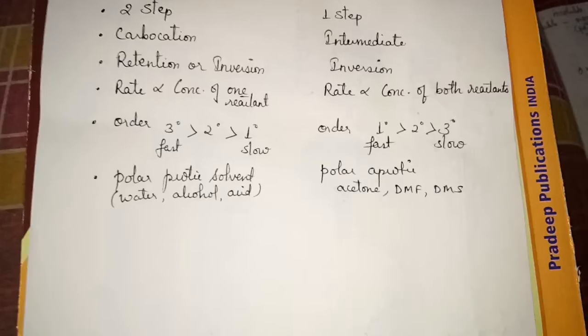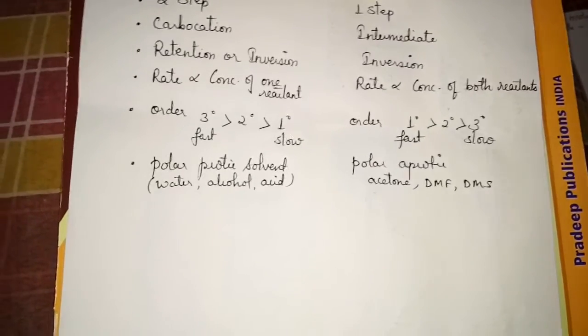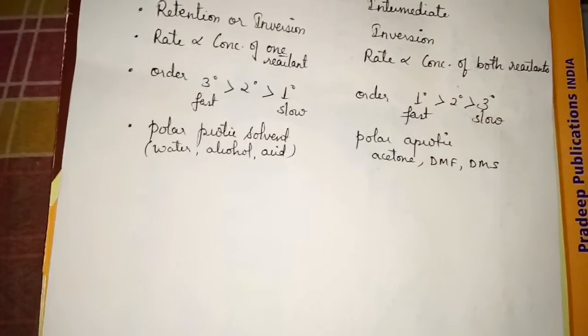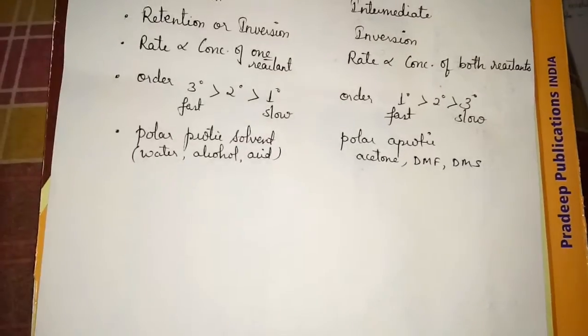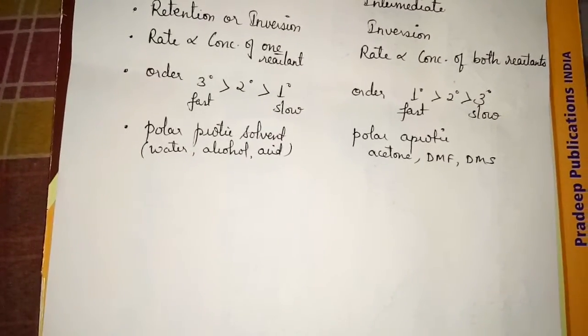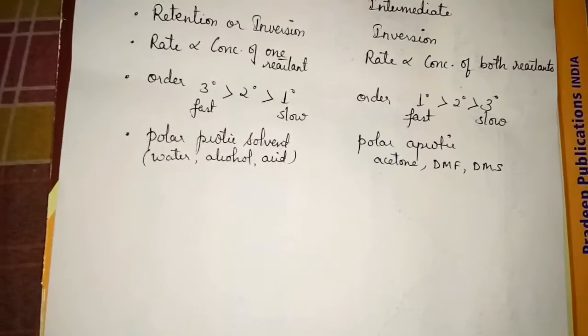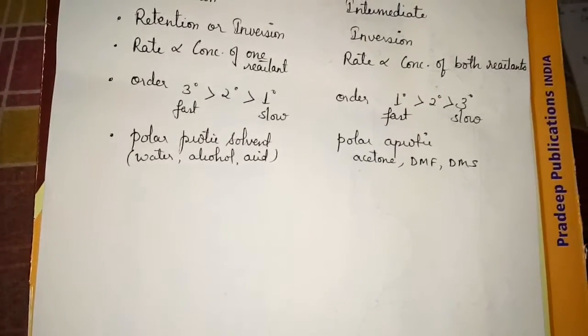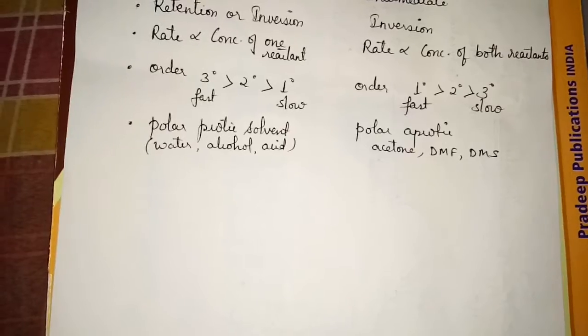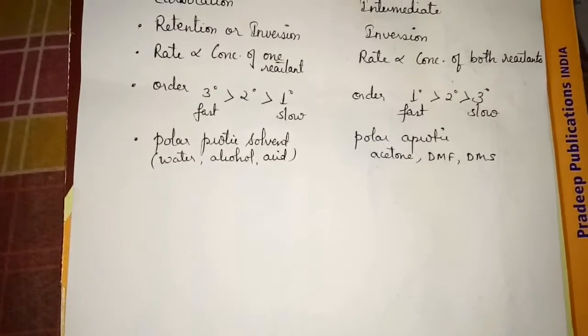Okay? Primary alkyl halide. Why primary alkyl halide? Because no bulky group available. So, methyl halide, or you can say primary, are more reactive because they have small hydrogen atom only at alpha carbon. Okay?